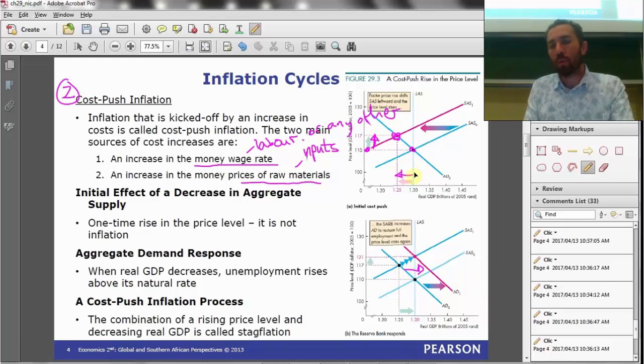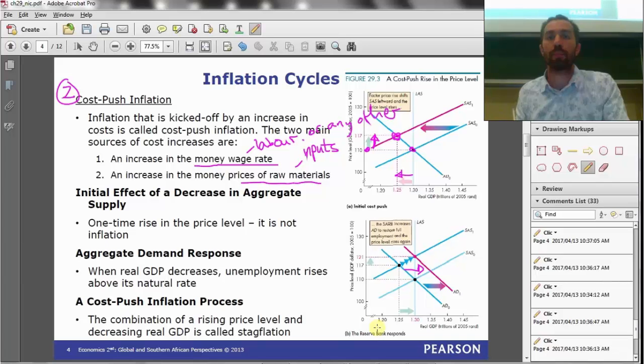Well, with lower output and lower equilibrium output, government could say, we're not happy, we've entered into a recession, we'd like to try and counteract this recession. How do we counteract this recession? We could, for example, if we are the Reserve Bank, print money, which would then generate demand. Alternatively, government could increase spending.